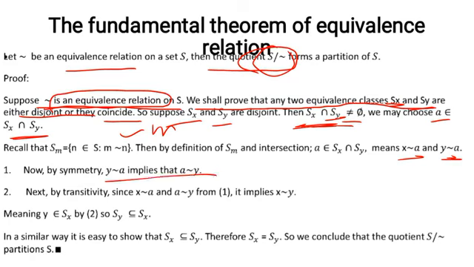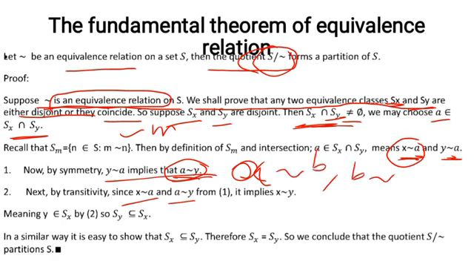And also by transitivity, I have another one that can hold. You have A relating to Y here, and I know that X is going to A. And if X goes to A and A goes to Y, what do you conclude? I had said before for transitivity that if A is related to B and B is related to C, it means that A is related to C, right?